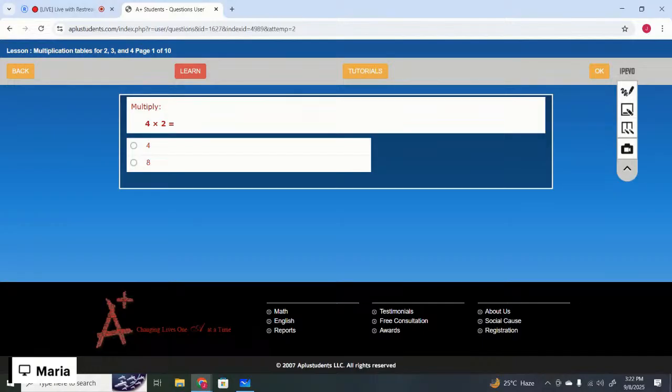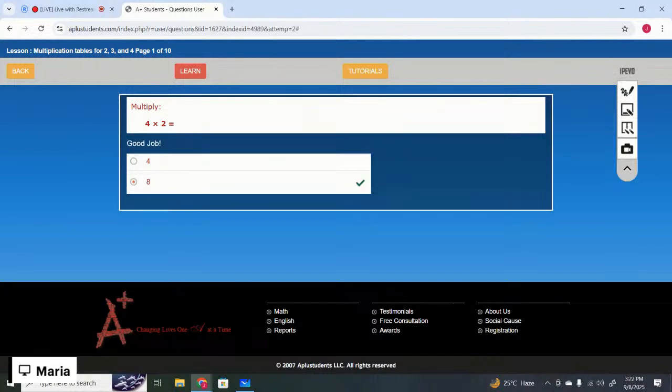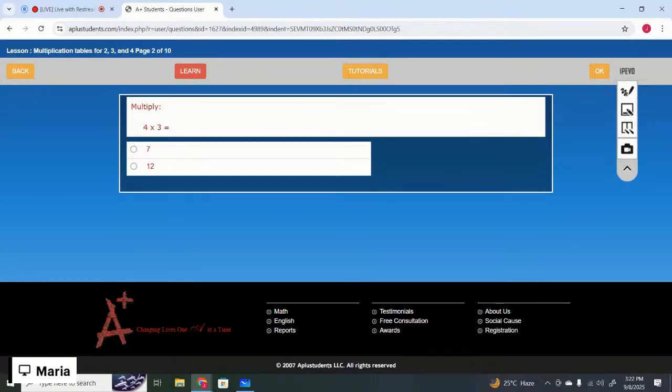The answer is exactly the same. So 4 times 2 is 8. Option number 2 is the correct option. You must learn multiplication tables, right? 4 times 3, which is the correct option? Yes, 4 times 3 is 12. Option number 2 is the correct option.